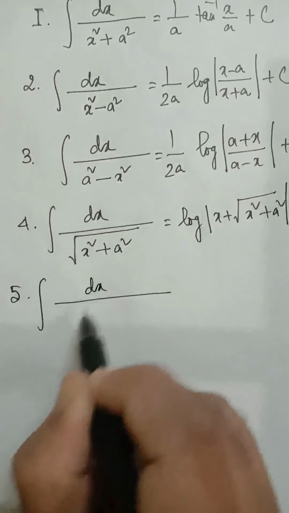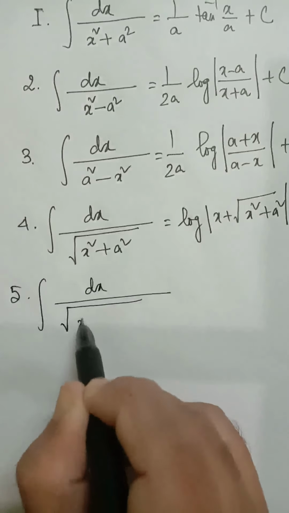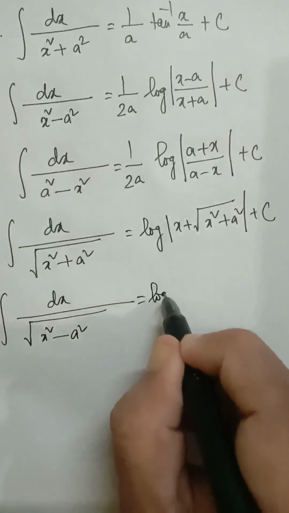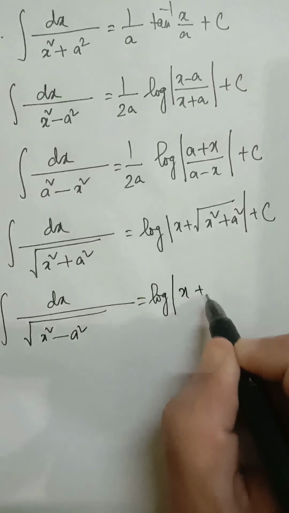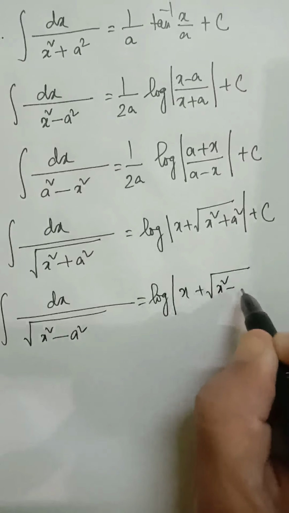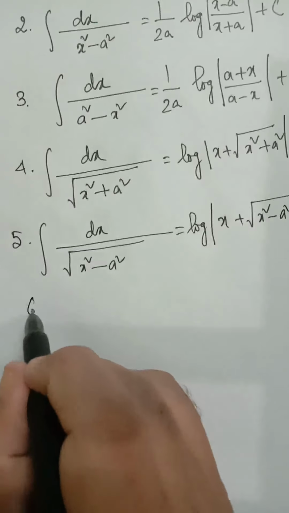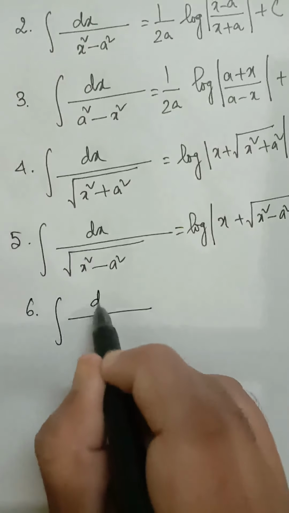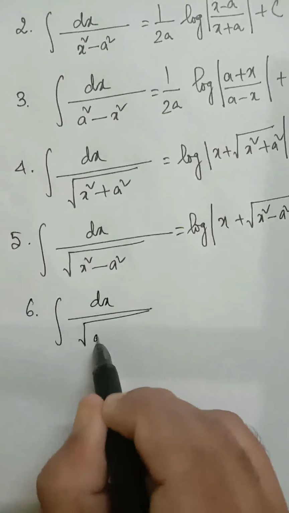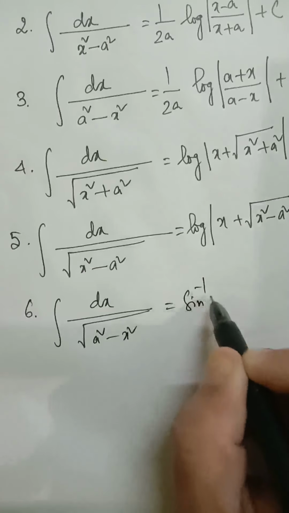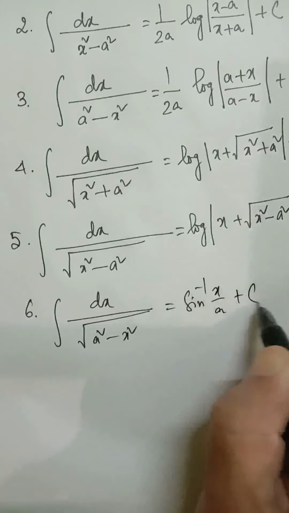Number 5: dx by root over x square minus a square is equal to log of x plus root over x square minus a square. And number 6: dx by root over a square minus x square is equal to sine inverse of x by a plus c.